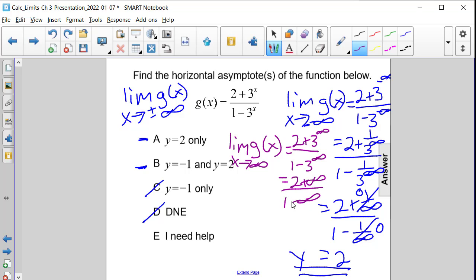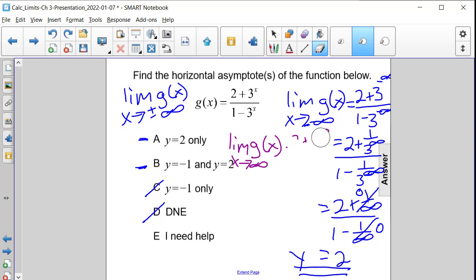So we would be approaching an infinite number here. We would have a type of infinity over infinity, or infinity over negative infinity. So we have to do something with this function, since direct substitution didn't work when we went this route.